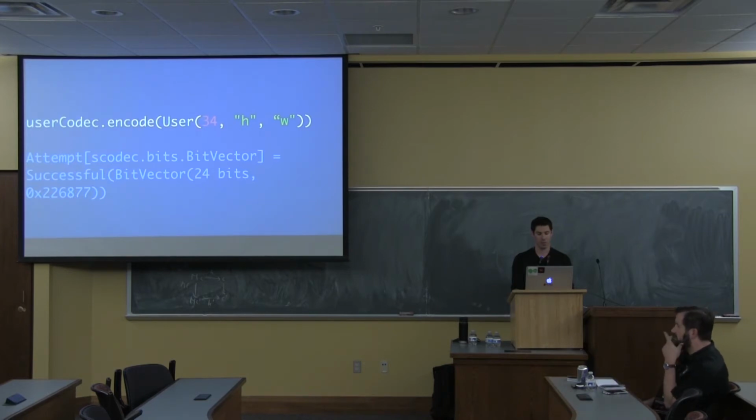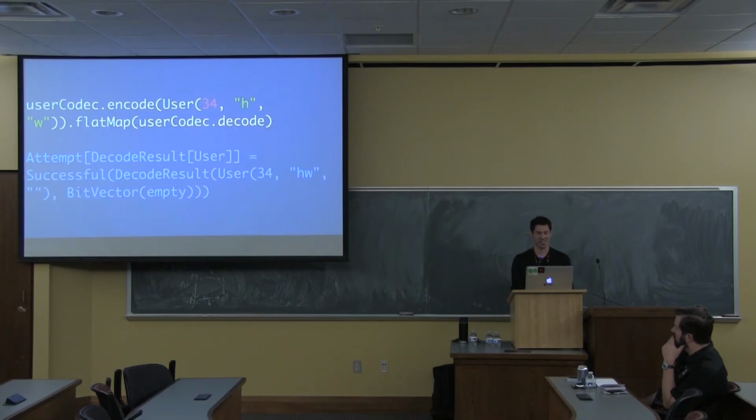Now we're going to encode our user, and we get 24 bits. Does anyone see a problem, though? Any guesses? All right, let's see what happens when we decode our user. I'm going to encode it, and then flat map on it.